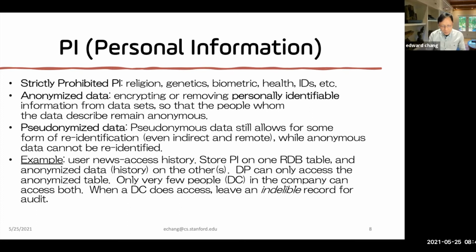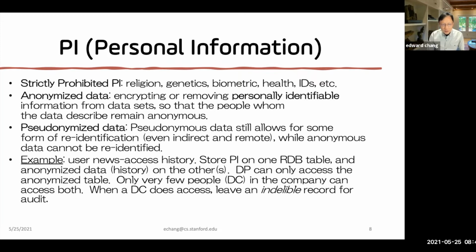So let's say you have your database table, which consists of personal information and, like I mentioned, some access history. You have to separate the two into two tables, then do a join. And only the data controller can see both tables. And the data processor can only touch the table with only data history, but without PI information.